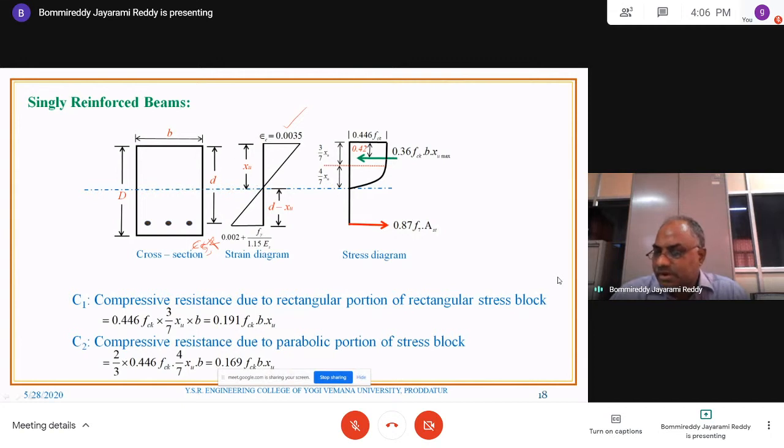So that means in the strain diagram, at the top it is 0.0035, at the bottom it is 0.002 plus Fy by 1.15 Es, and x is the depth of the neutral axis. Now we call it xu. xu is the depth of the neutral axis. And below the neutral axis, the distance of the steel reinforcement is d minus xu. So this is regarding the strain.